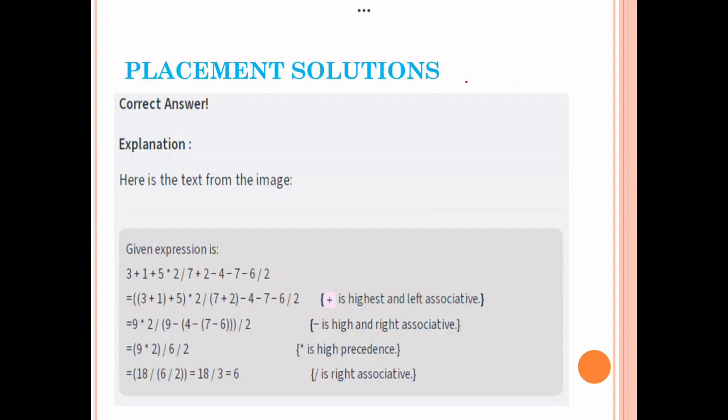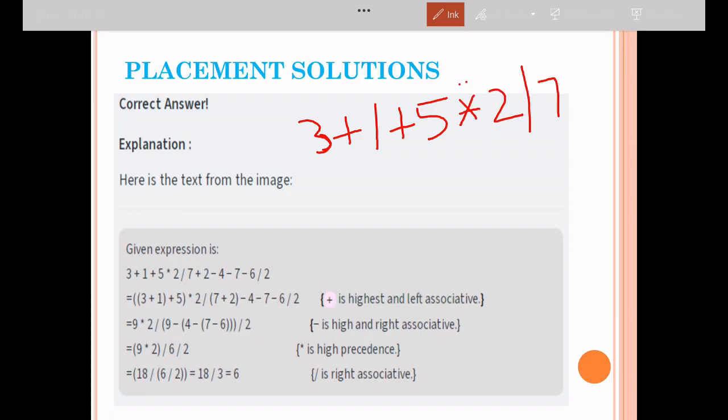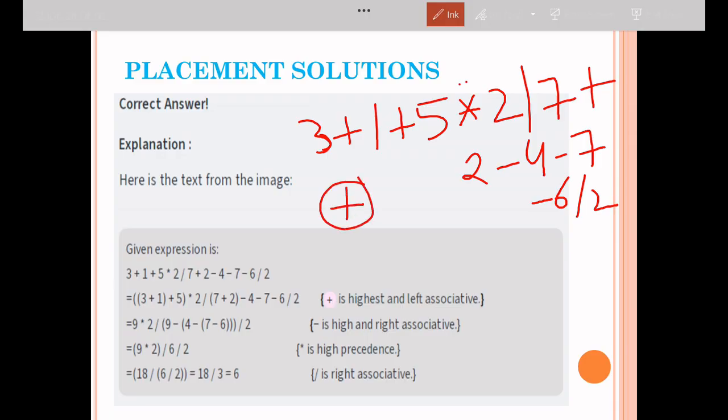I have written it here. So your question is 3 plus 1 plus 5, into 2, divided by 7, plus 2, minus 4, minus 7, minus 6, upon 2. As I already told, plus is the highest, rank 1. So at first you will perform only the plus.